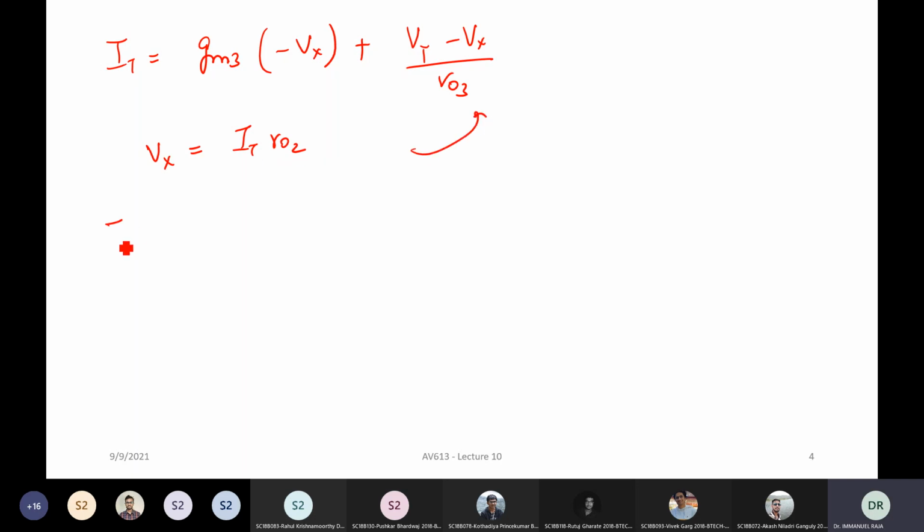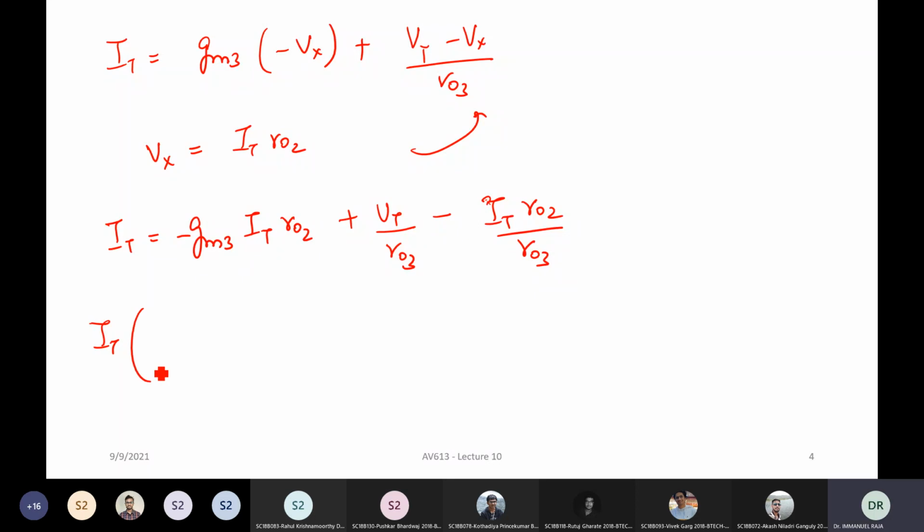So substitute this here. You get IT is equal to GM3 minus GM3 IT R02 plus VT by R03 minus IT R02 by R03. Okay, so let's collect all the GM terms together, IT terms together.